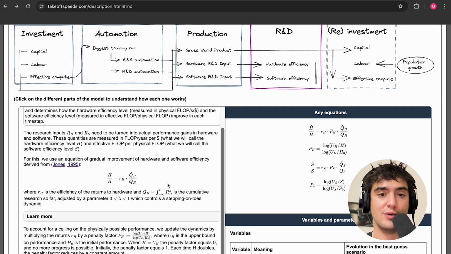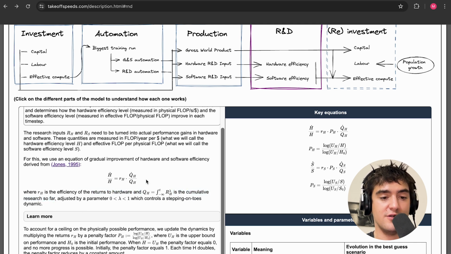So if we look at the hardware R&D case, we have a parameter RH, which is our research input to hardware R&D. And what this is telling us is that if you integrate all of the research efforts from the distant past to now, and you take into account some stepping on toes factor, which you still apply on top to see how elastic your different elements are, how much you can substitute one for another, by doing this integration, you get this cumulative research progress.